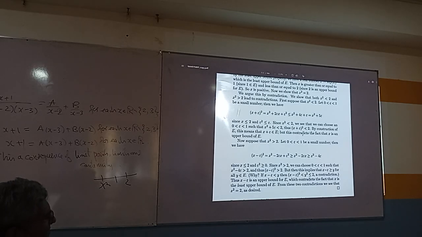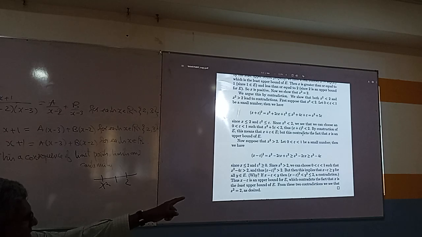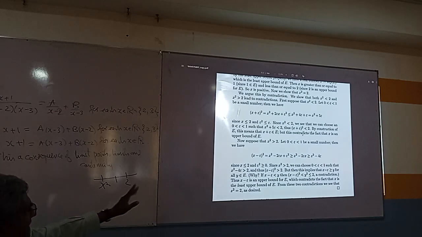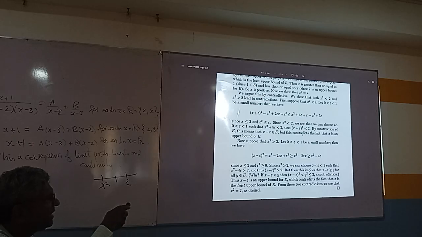Since x squared is greater than 2, we can choose now 0 less than epsilon less than 1 such that x squared minus 4 epsilon is also greater than 2. If x squared is greater than 2, you can choose a small number between x squared and 2.